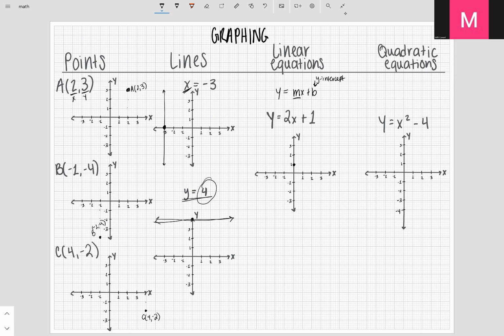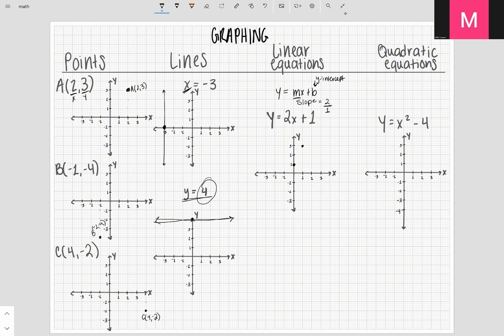And then this is our slope. And in this case, it equals 2, which also equals 2 over 1, which means we're going to go from our y-intercept, and we're going to go up 2 and over 1.